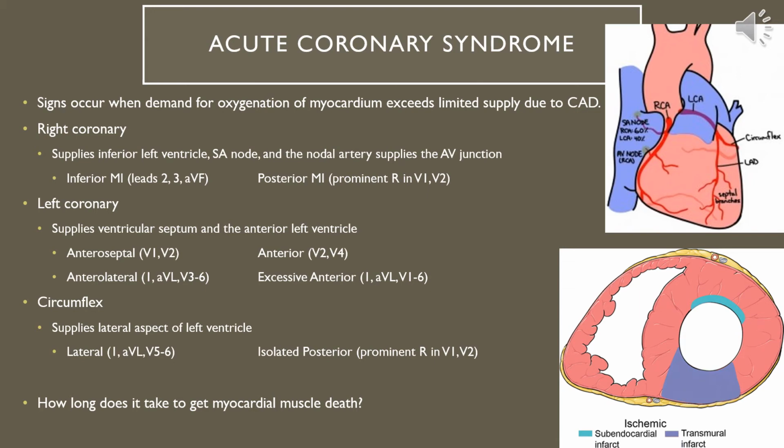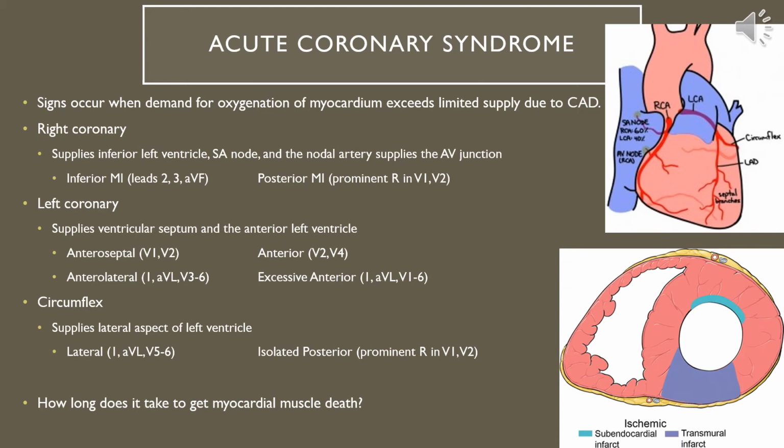When we're looking at the right coronary artery, it supplies mainly the backside of the heart, the right side of the heart. In about 60% of people, it does supply blood to the SA node.